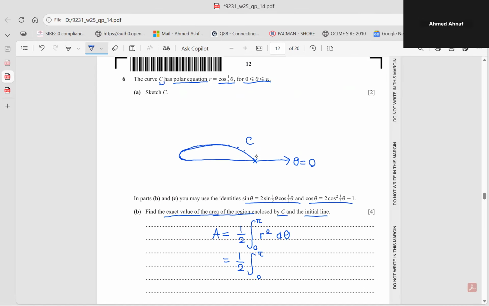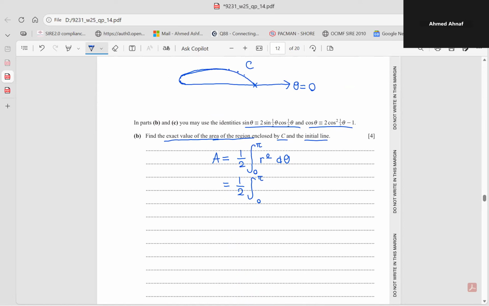So r squared is just cosine squared half theta d theta. To integrate it, we have an identity here to help us. Just make cosine squared half theta the subject. I can do this in my head. Cosine squared half theta is just cosine theta plus 1 divided by 2.